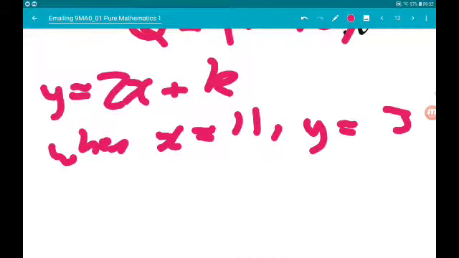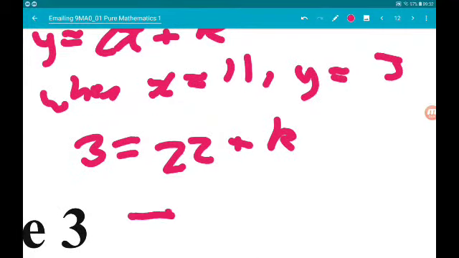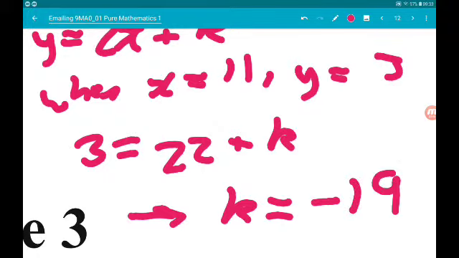So we get 3 is equal to 2 times 11, 22, add k, therefore k is equal to 3 minus 22, which is minus 19. Cool.